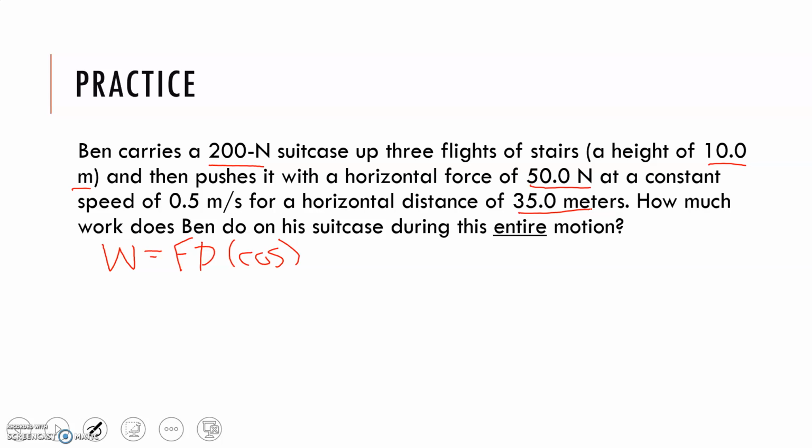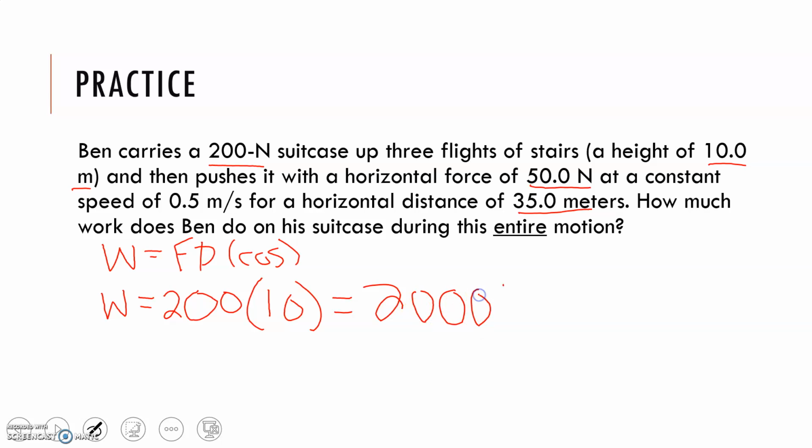So what we're going to do is work for the first part, him going up the stairs, is 200 newtons. That's our force. And then the distance is 10 meters. We're going to multiply that together to get 2,000 joules of work. The second part would be the force, which was that 50, and 35 meters was the distance.